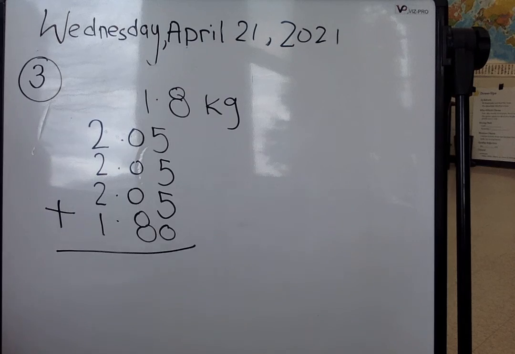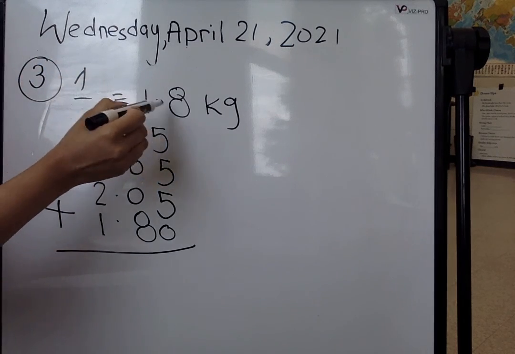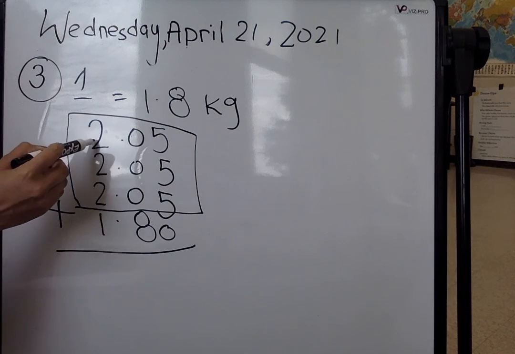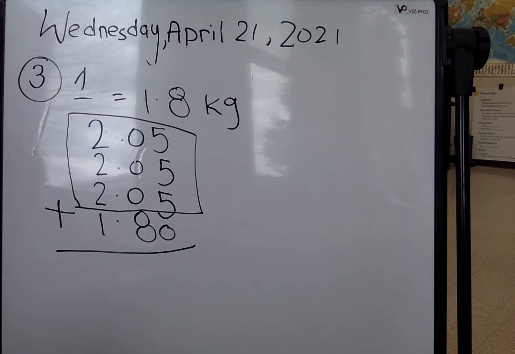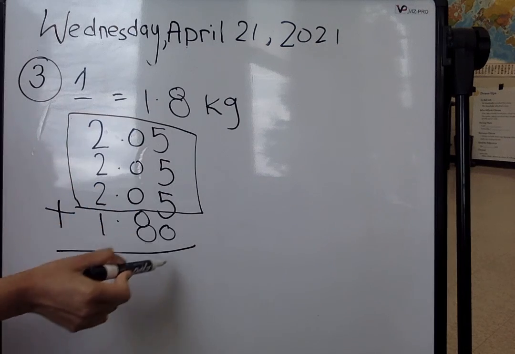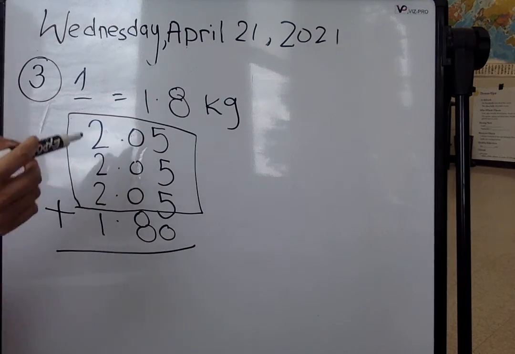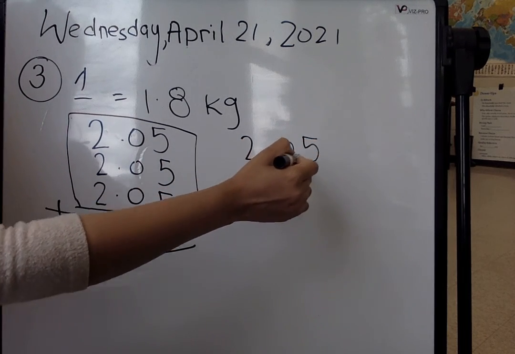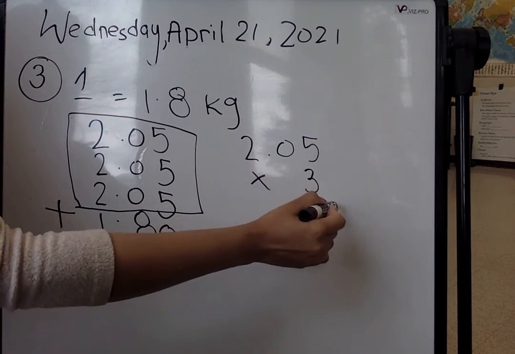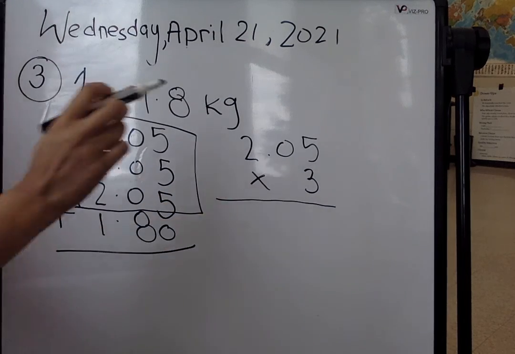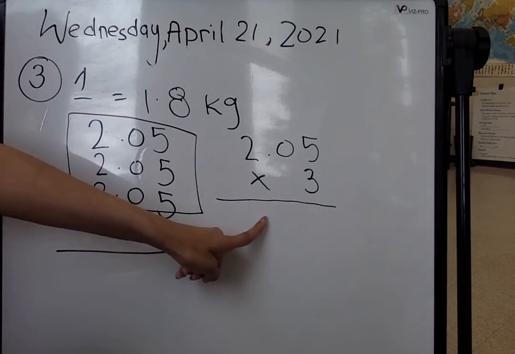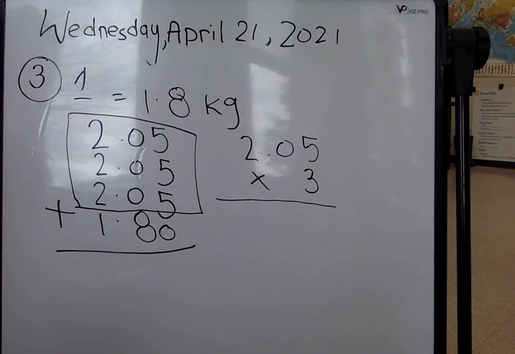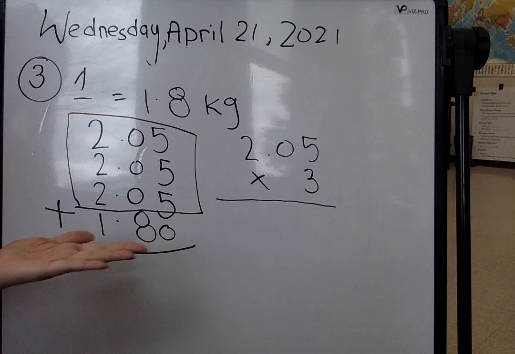So we know that one of the packages weighs 1.8 kg. Three of the packages weigh 2.05 kg each. So they want us to know what is all together. So we can either do 2.05 times 3, and then whatever answer we get, we would add that answer to 1.8 kg, because one of the packages is 1.8 kg and they want to know all together.